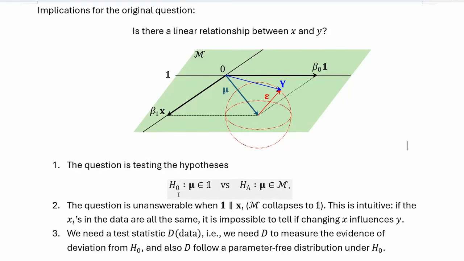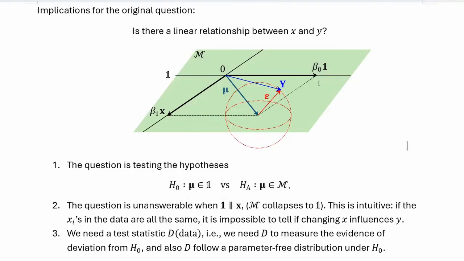And H0 goes one step further. It says mu not only lies in M, it in fact lies in the subspace of M spanned by the vector 1. So that's the question we're now focusing on.